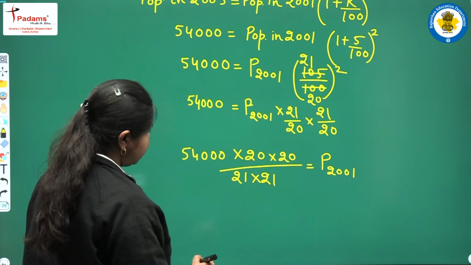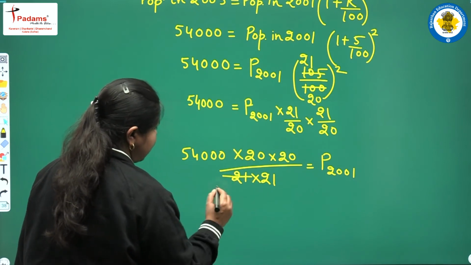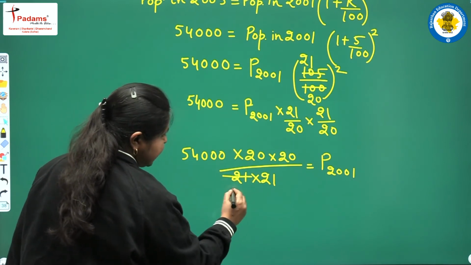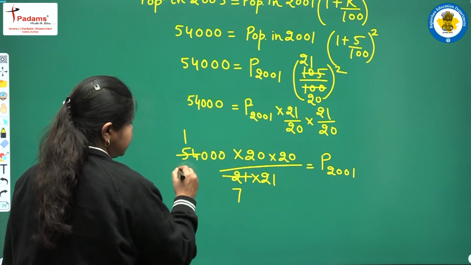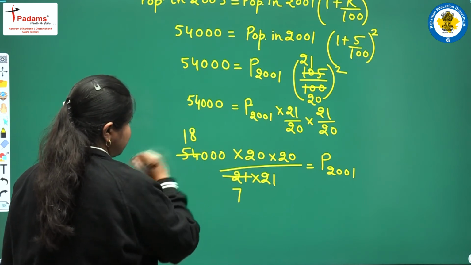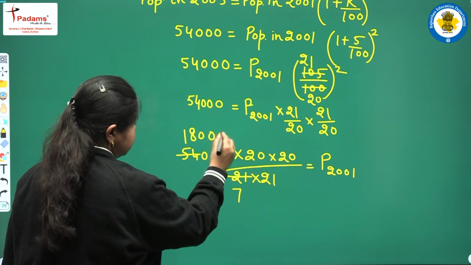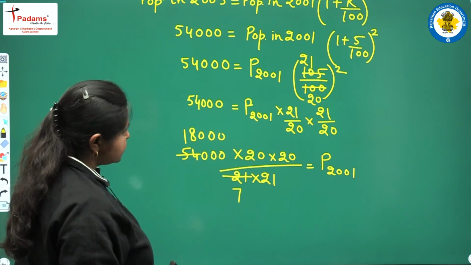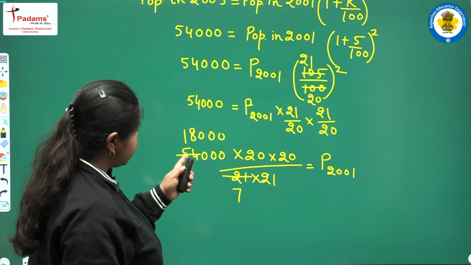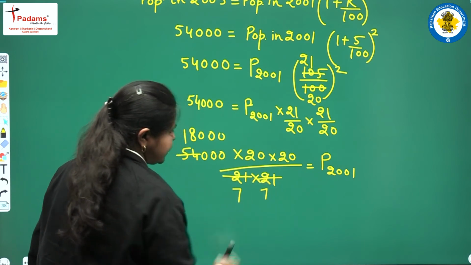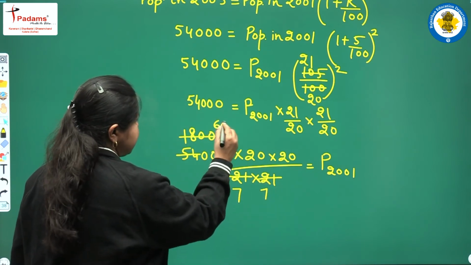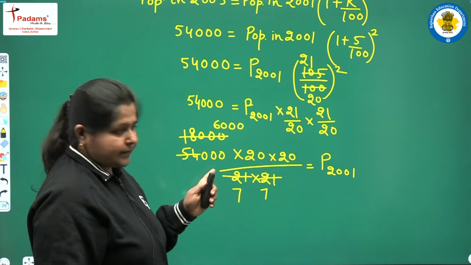नाउ कैन वी डिवाइड? यस, इफ वी डिवाइड बाय 3, 3 7s are here, 3 1s are 3, 3 8s are 24 and 000. Then we cannot divide. I think we can divide by 3. 7s are 6 times 18 and 1000.